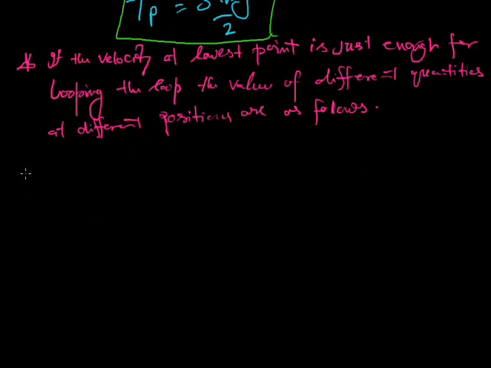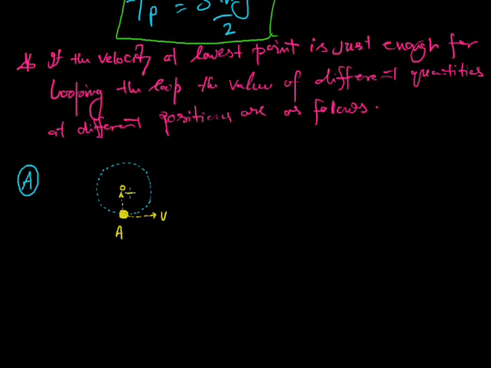First example is, the body is at lowest point. This is point A. Velocity V is here.